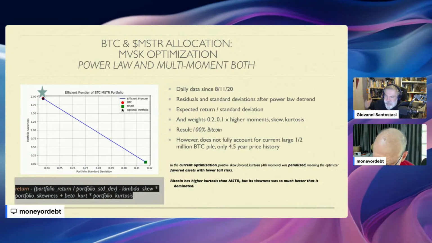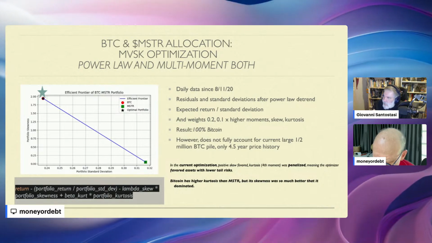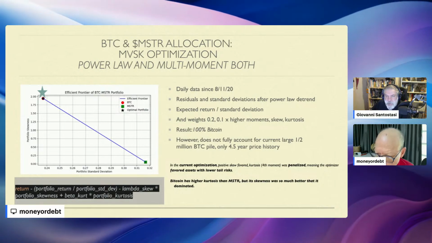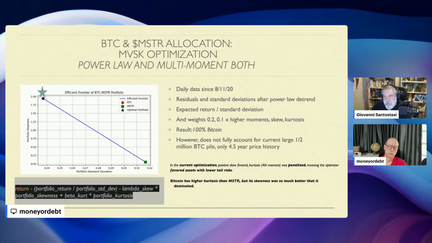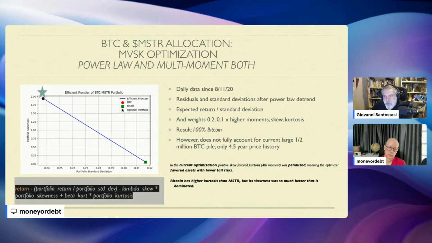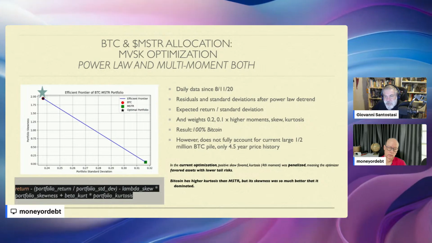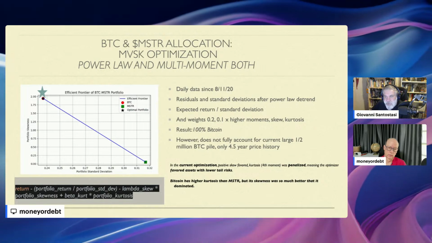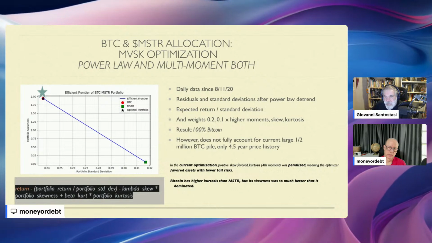Also because MSTR is traded only 5 days a week. How do you account for that, by the way? The fact that MicroStrategy is traded only 5 days a week.